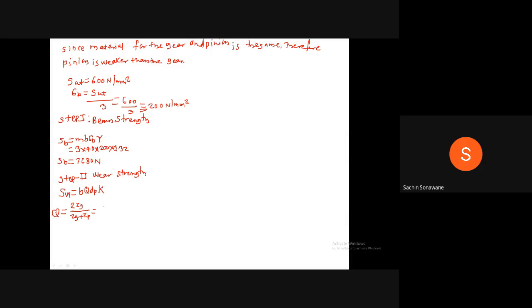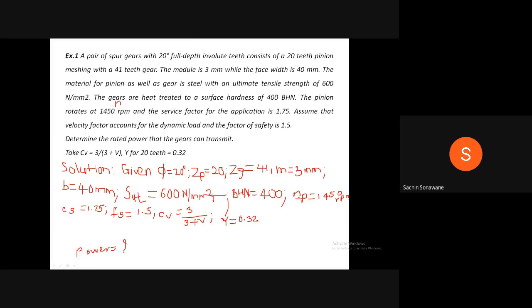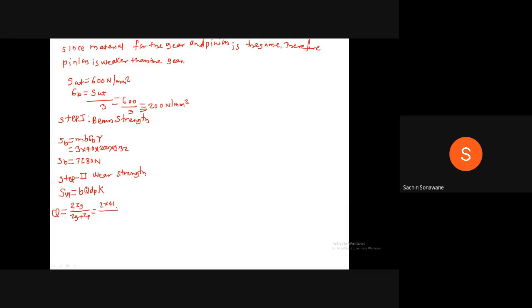Therefore substitute the values. What is the value of ZG? 2 into 41, divided by ZG 41 plus ZP is equal to 20.